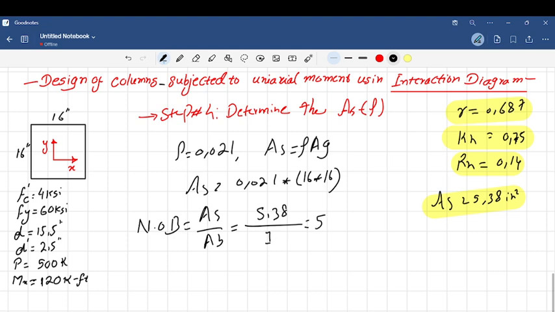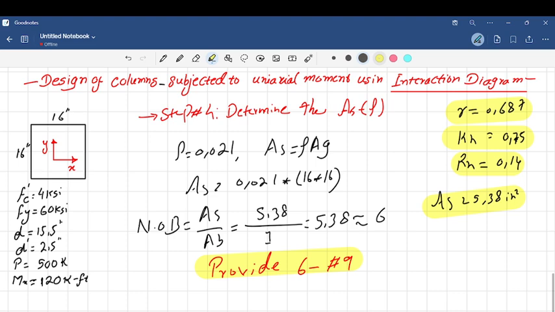We will assume 6. So the final answer would be to provide 6 number 9 bars. This is our final answer.